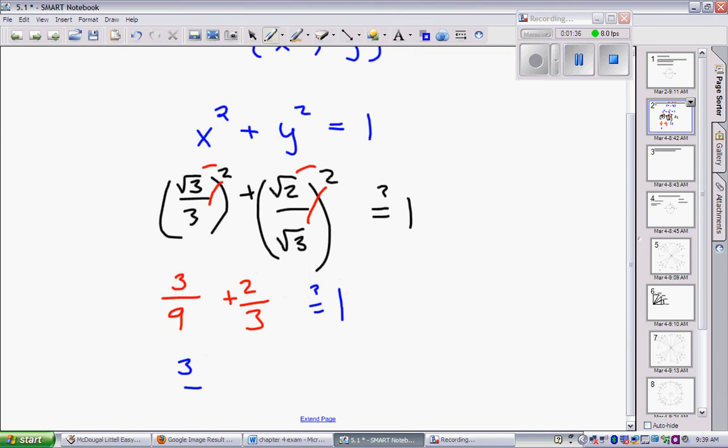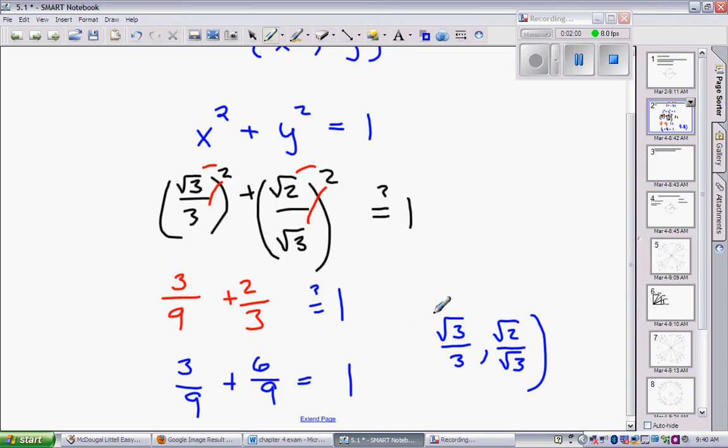Well, convert it to a common denominator. 3 over 9 plus 6 over 9 is 1. So yes, the point root 3 over 3, root 2 over root 3 is on the unit circle.